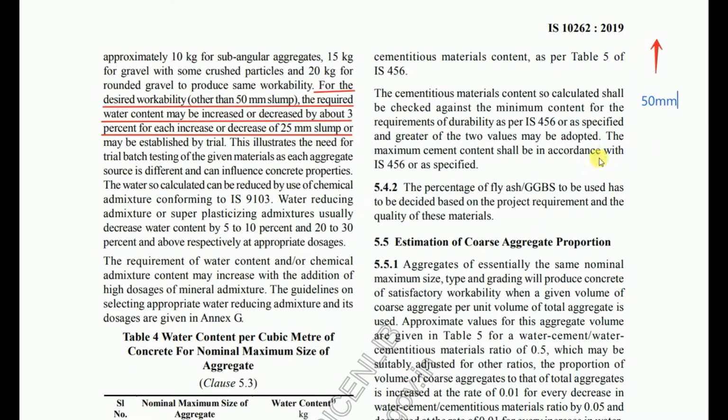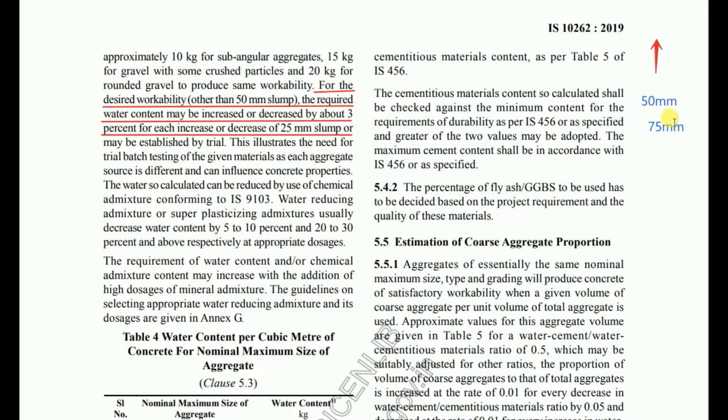So 50 mm is the slump which is given. The values are given for 50 mm. If the slump value is increased, as we have discussed, 50 is the given slump and we have the slump value as 75 mm. So from this it is increased 25 mm. So only one time it is increased 25 mm. So that is what it is given here: each 25 mm increase or decrease.